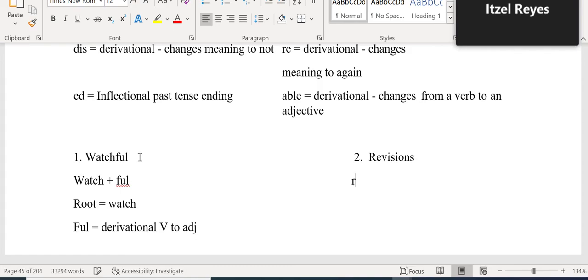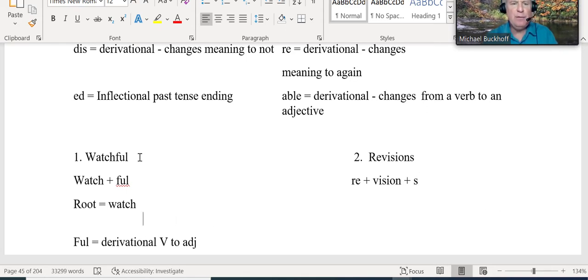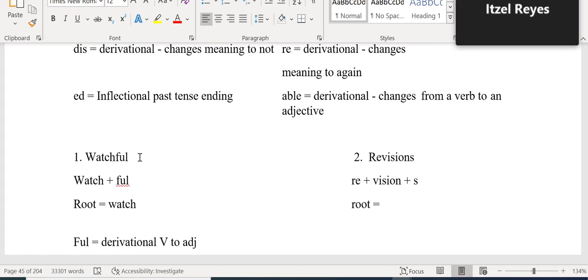Yes, so you have re plus vision plus s. So then we start with the root. So the root equals vision? Good.